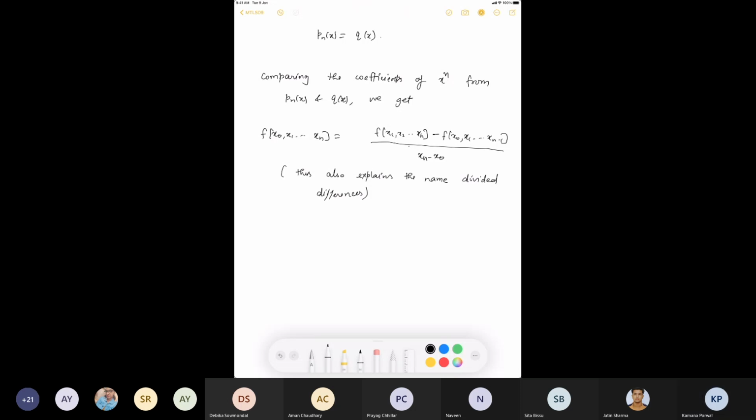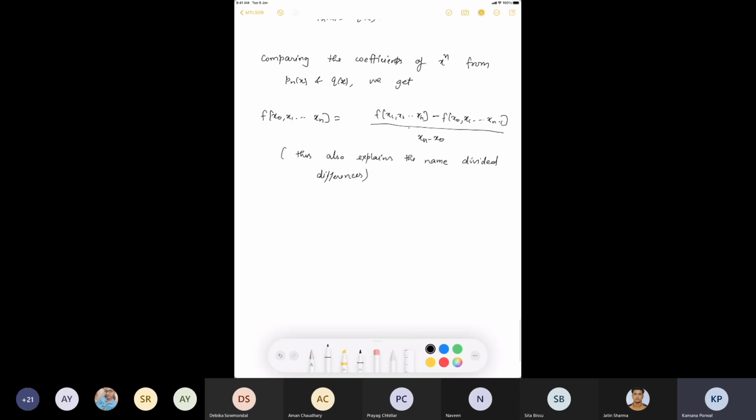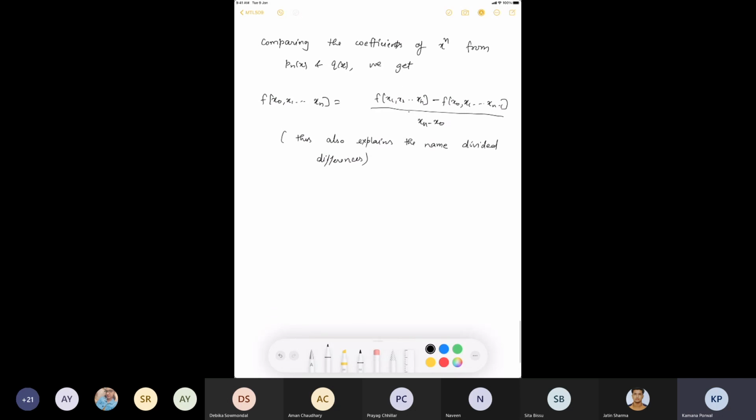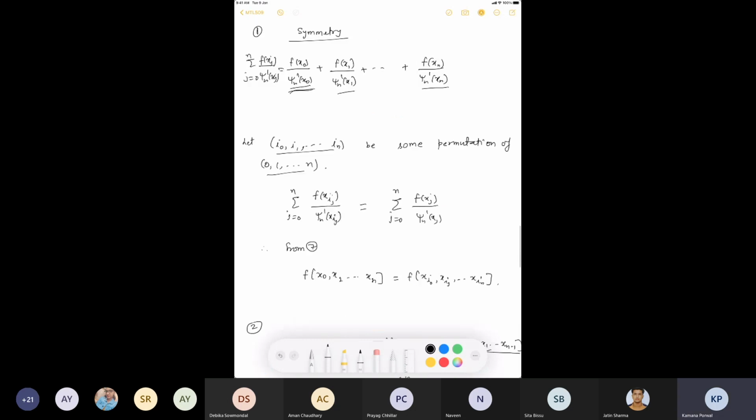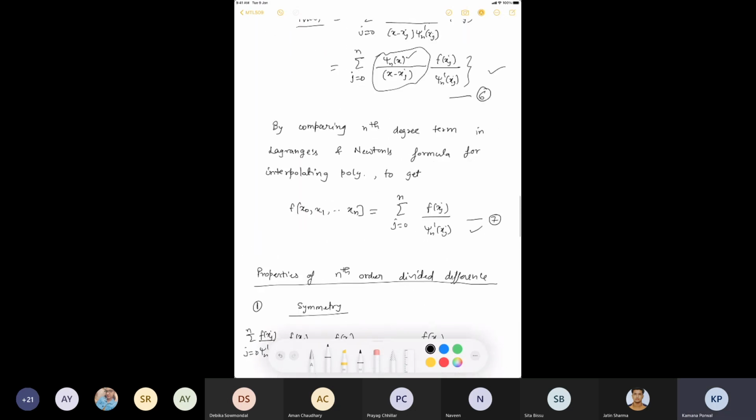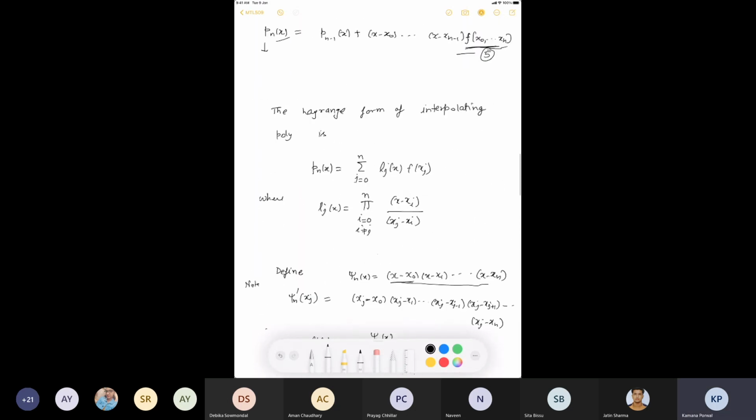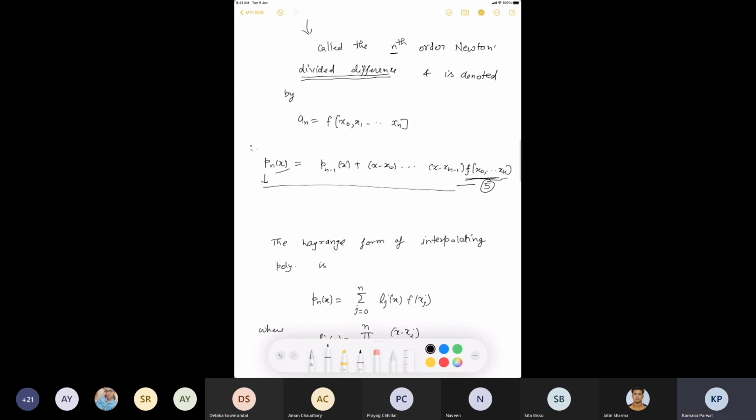So we have observed certain properties of these divided differences. Finally, we have got Pn(x) in Newton's form. So let's look back again. We have the form as this, right?